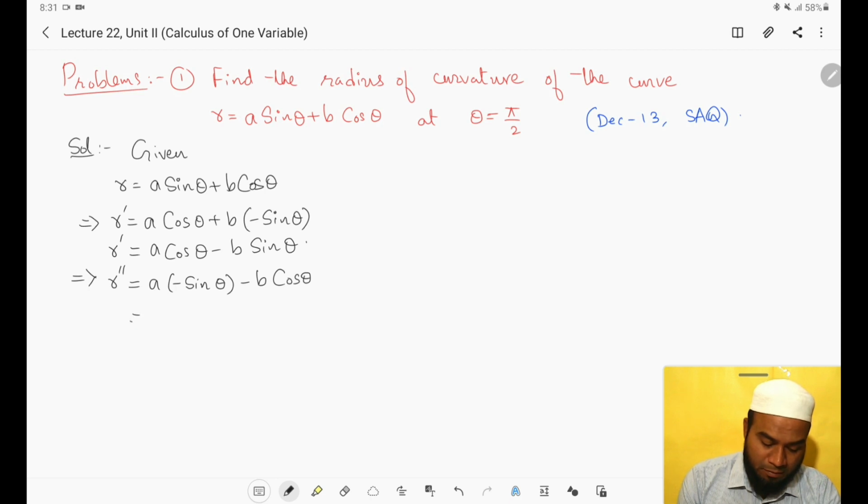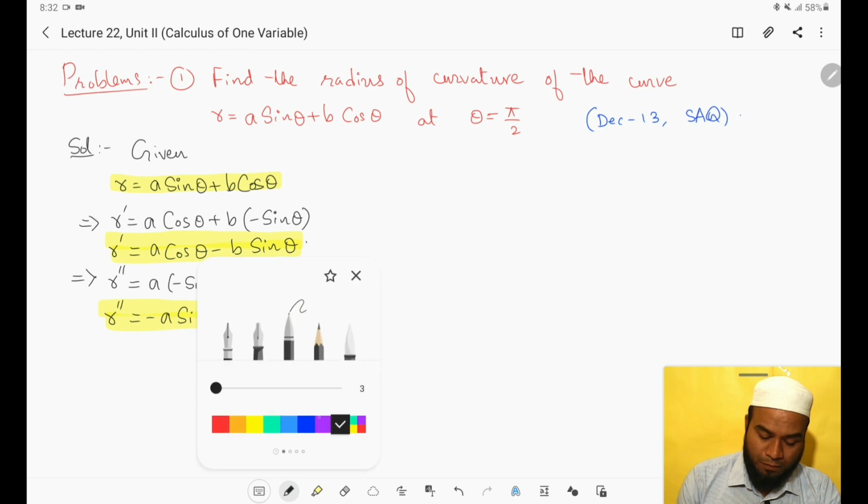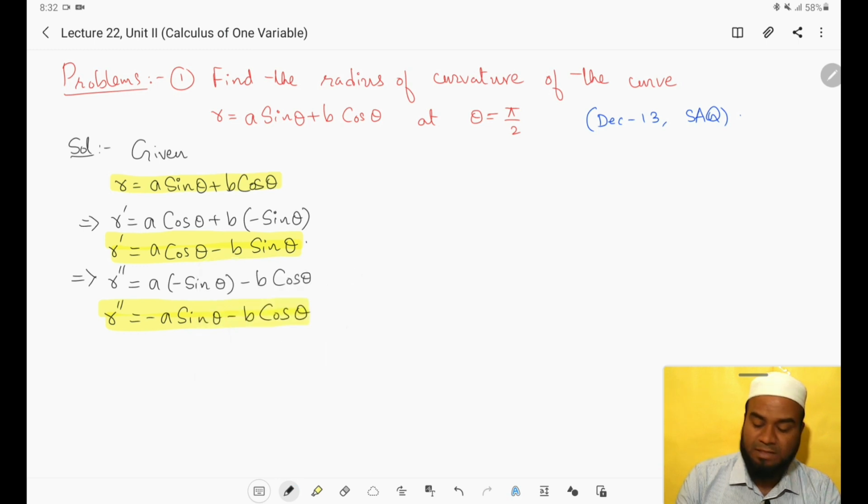So we get minus a sin theta minus b cos theta. So we got r dash and also r double dash. Already r is given, r dash we got to be this, and r double dash we got to be this, right?